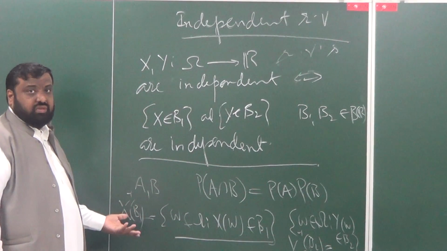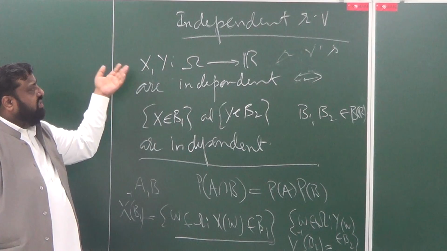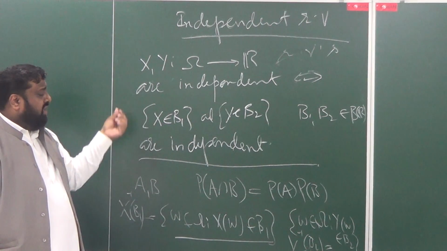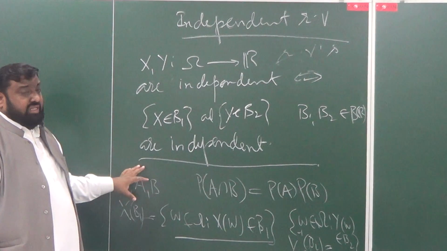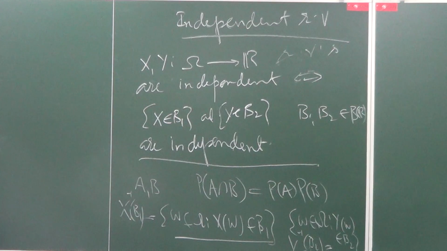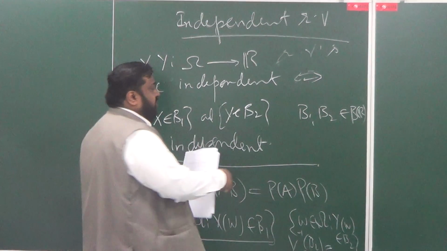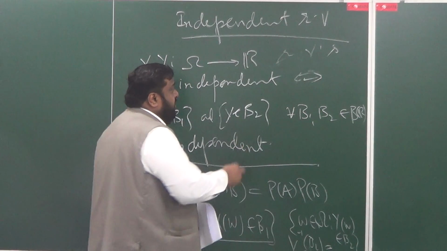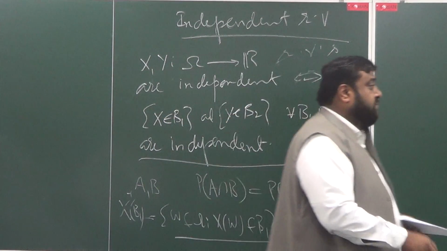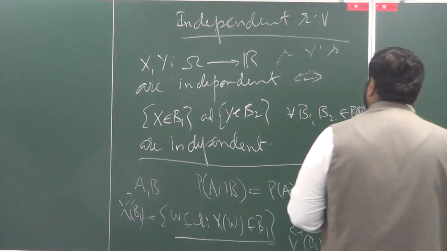So it's like breaking down the definition of independent random variables to independent sets. If this is true for all B1 and B2, you can say that two random variables are independent. This is something that we also discussed.